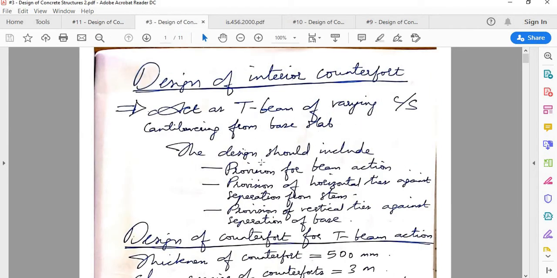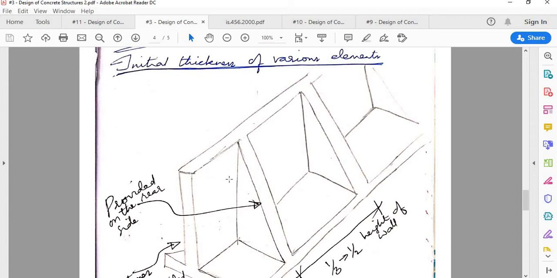Now, counterfort, as you know, is a triangular shaped element, and there are three things for which you have to design it. First and foremost, of course, is the soil pressure, which will induce a cantilevering effect on the counterfort retaining wall. As I said in the earlier lectures, this should be designed like a T-beam.